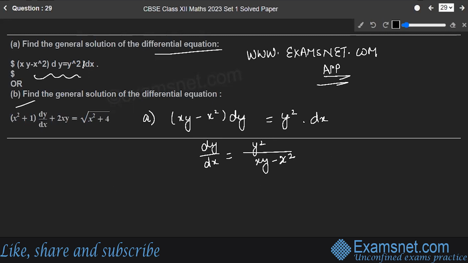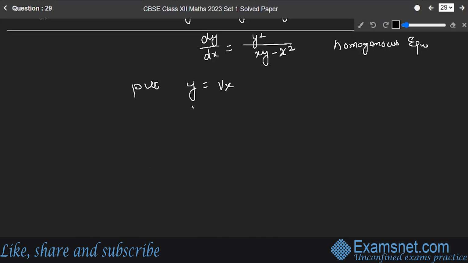Right, now this is a homogeneous equation. That means we can now put y is equal to vx, which will give me dy by dx is equal to first function into derivative of second plus second function into derivative of first. So you have v plus x into dv by dx.